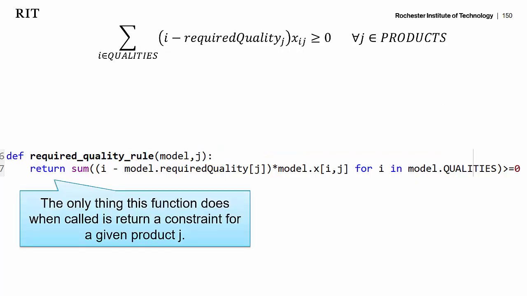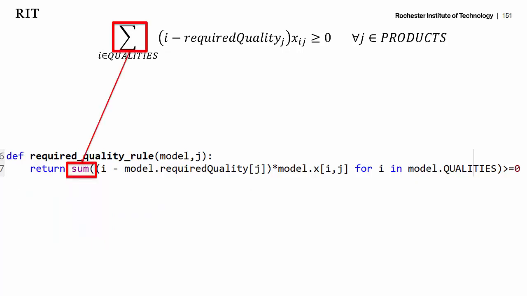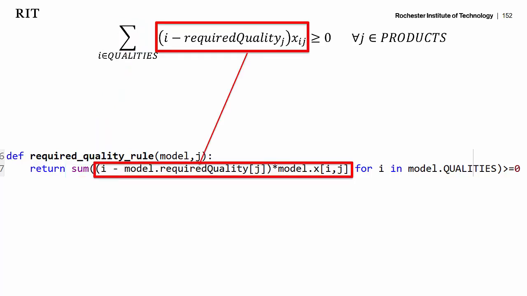But the only thing that this function is going to do is return a constraint expression when it's given a specific product j. And looking at this constraint expression, it starts with a summation up in our formulation, so we see the word sum in our Python code. Then we see our whole entire expression that we're summing, and we see that expression also replicated down in our Python code.